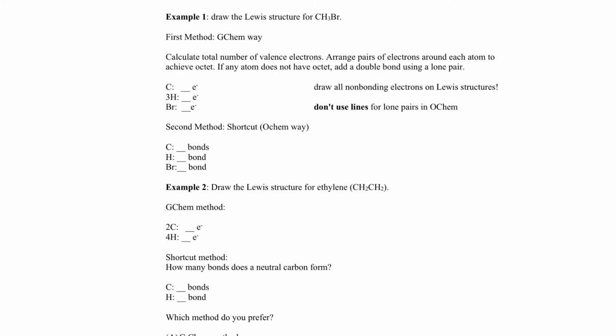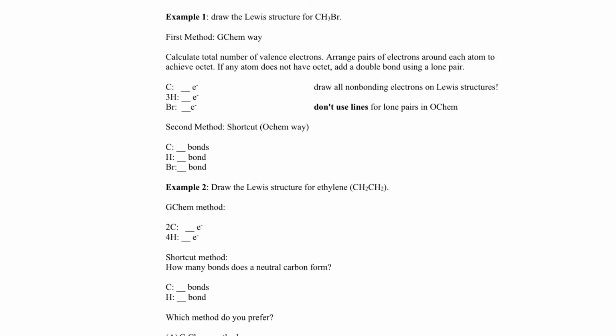So the first example says to draw the Lewis structure for CH3Br, methyl bromide. And if we were to use the GenChem method, I think some of you were taught to calculate the total number of valence electrons and then arrange pairs of electrons around each atom until you have octet.